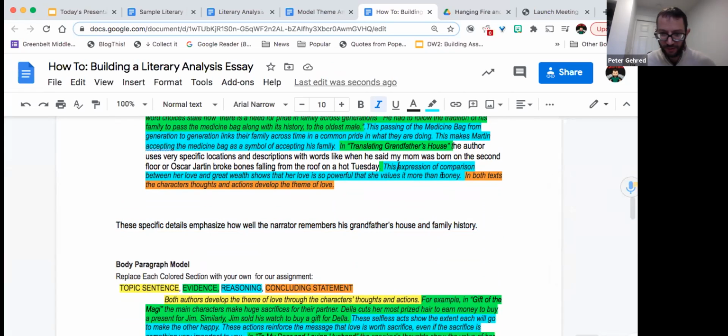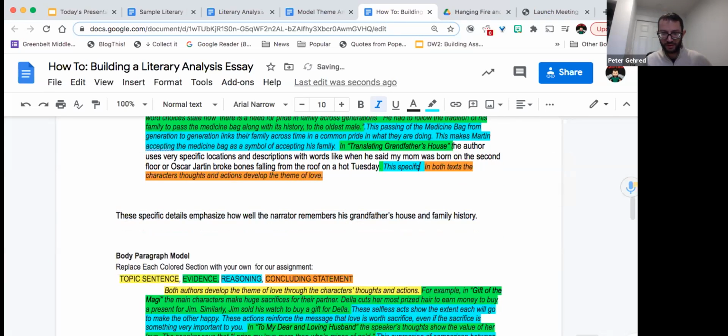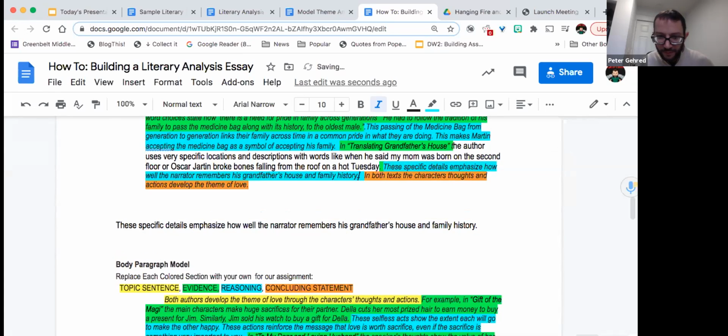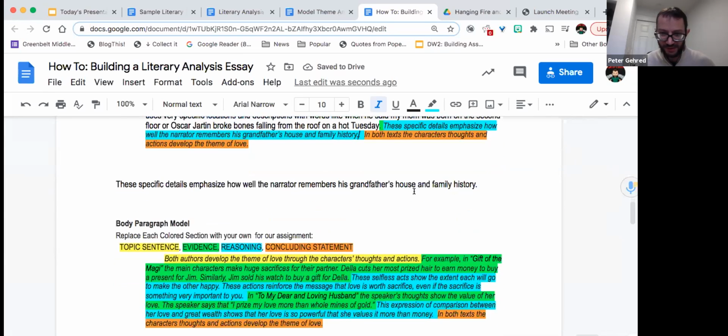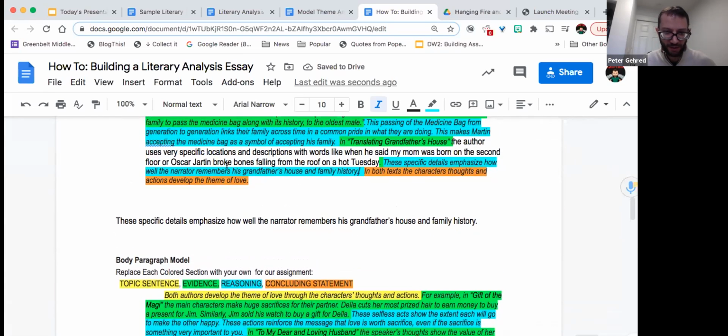So say these specific word choices, these specific details, even have it below. These specific details show how well the narrator remembers his grandfather's house and family history.